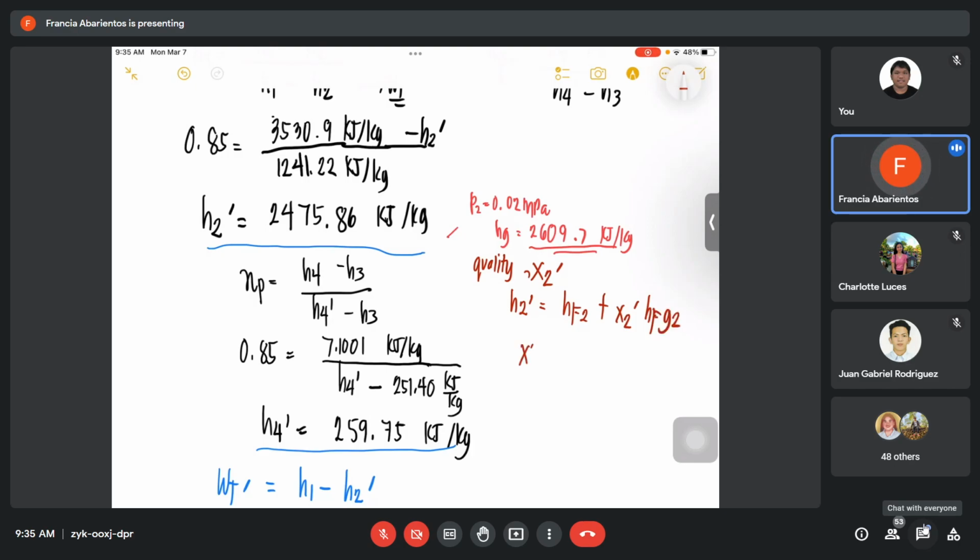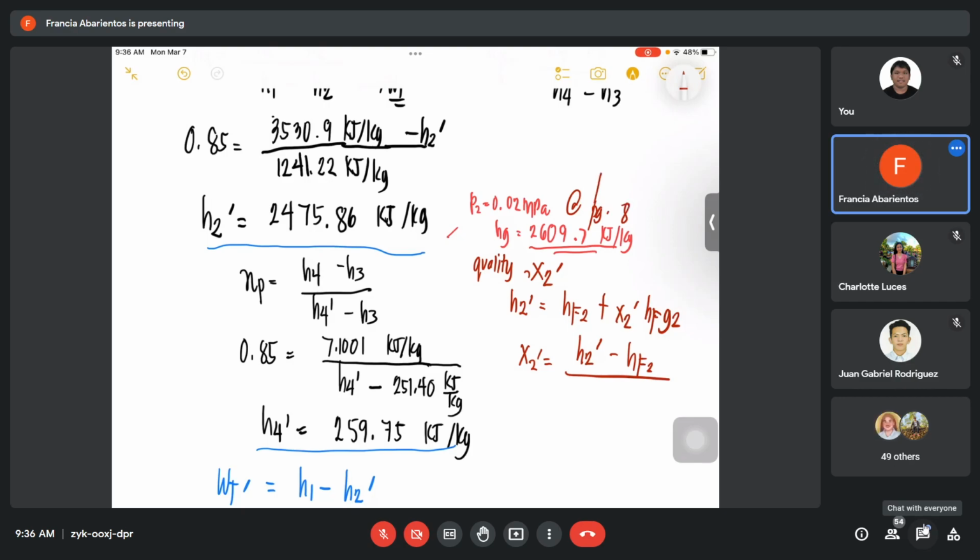Finding the quality at that point using H2 prime, same table, page 8, table 2.